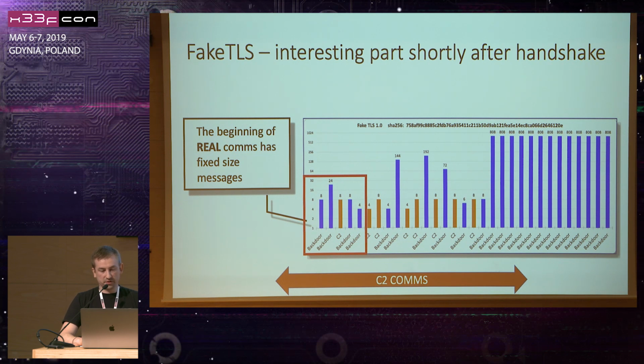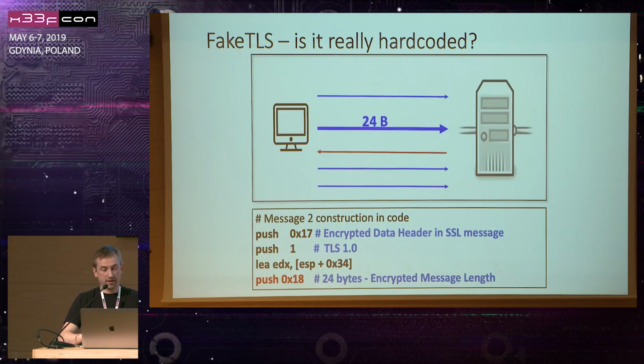For example, the first 5 messages are always of the same length. Is it really hard-coded? Actually, yes. If you look into the code of the backdoor, you can see in this example of the second message that it is 24 bytes, hard-coded into the backdoor's code. What can we do?